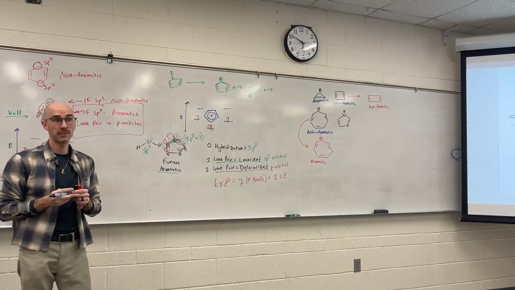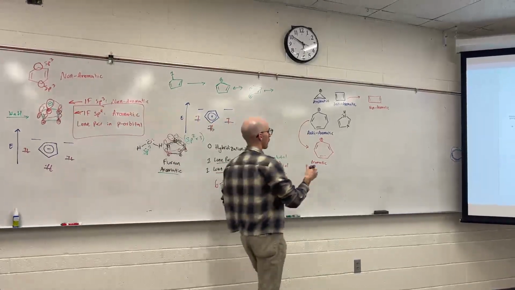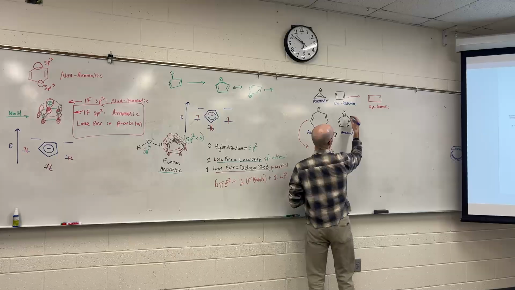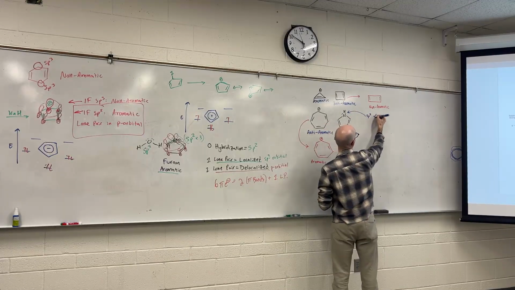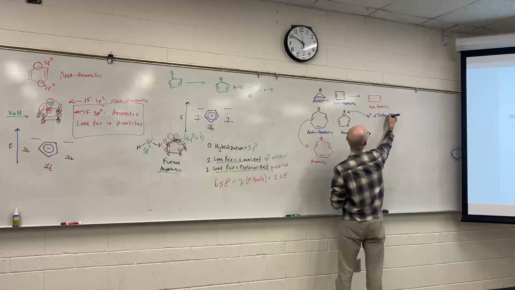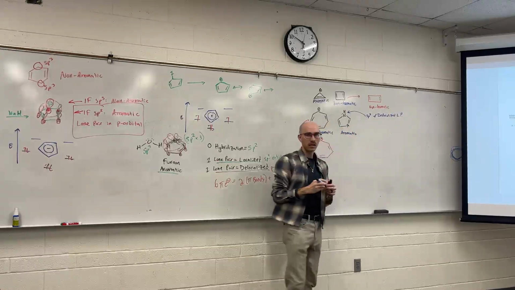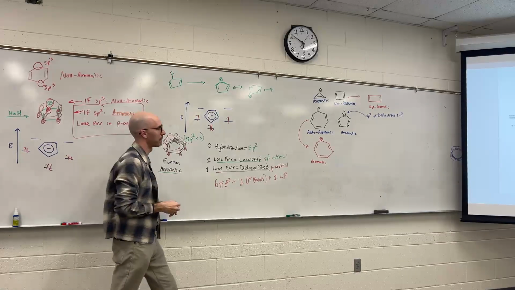It would have to be delocalized if it's counting towards the pi system. And he's exactly right. This is an aromatic system. This nitrogen is sp2 hybridized with a delocalized lone pair. What about the nitrogen at the bottom?